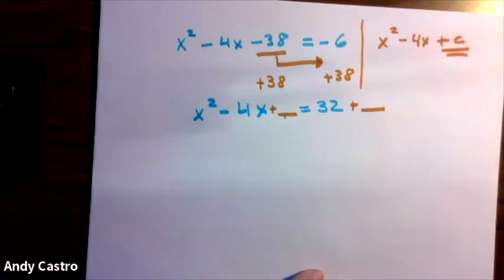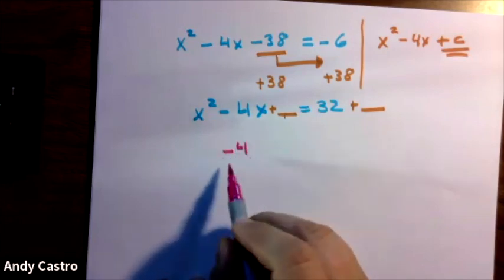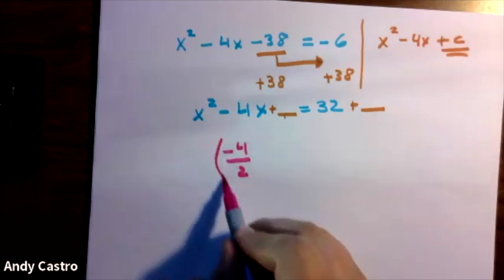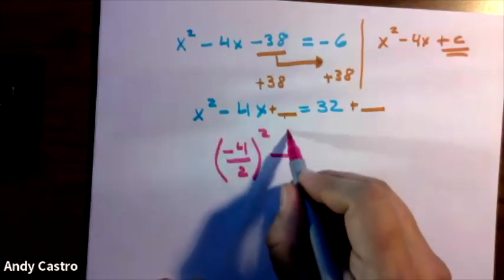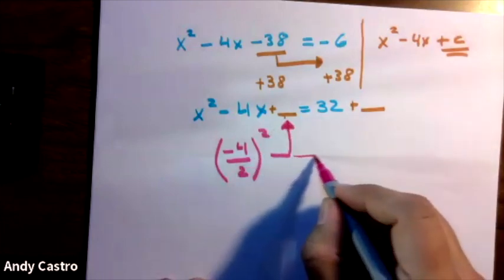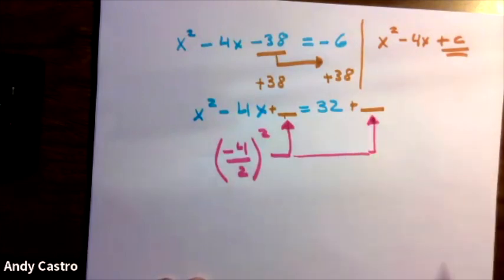All right. So in order to complete the square, I'm going to take my middle term, the coefficient, and divide it by 2. And that'll be my third term. And whatever my third term is, I'm going to add that to both sides of my equation here.